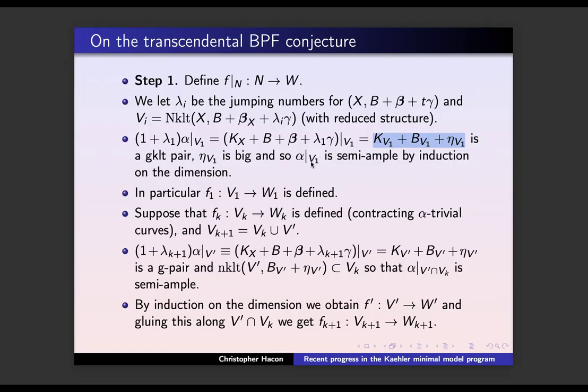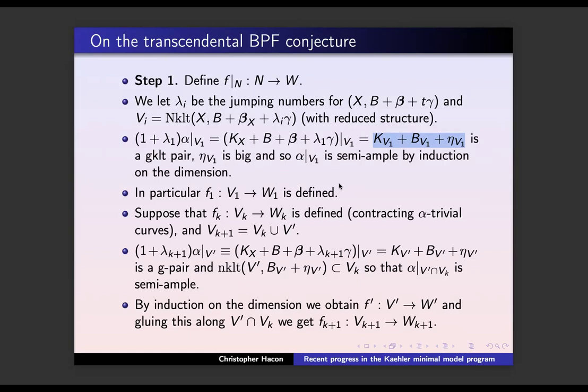So by induction on dimension, alpha restricted to V1 is semi-ample. Okay, so if the null locus was equal to V1, I would be done. I would have this map from the null locus to W. So any questions so far?